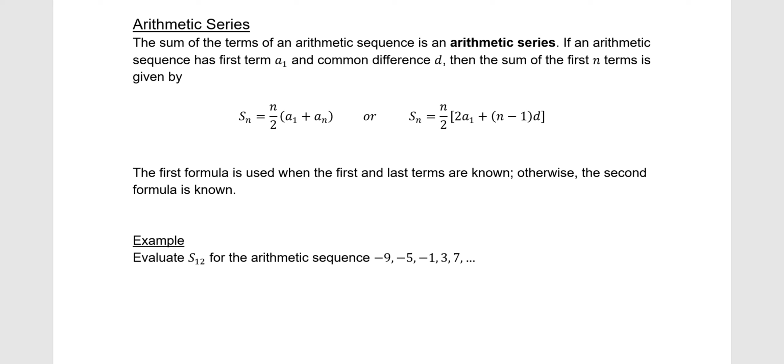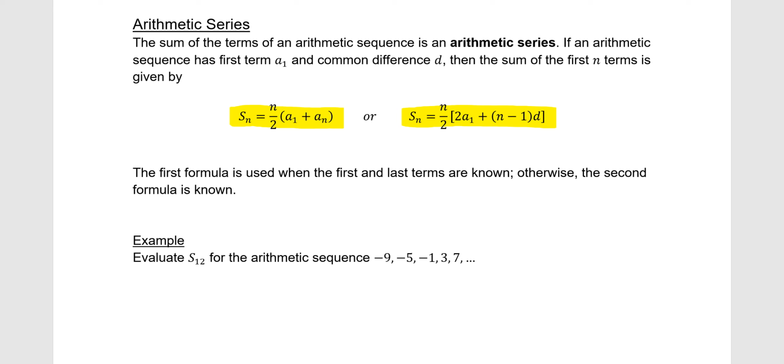If the sequence has a first term a sub 1 and a common difference d, the sum of the first n terms is going to be n divided by 2 times the first term plus the last term. Another way we can write it is n divided by 2 times the first term plus n minus 1 times d.